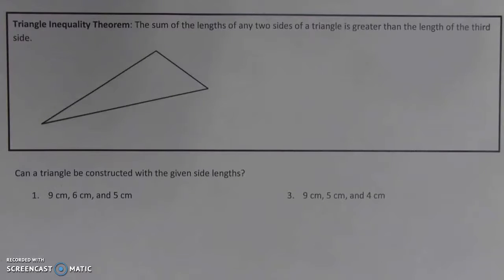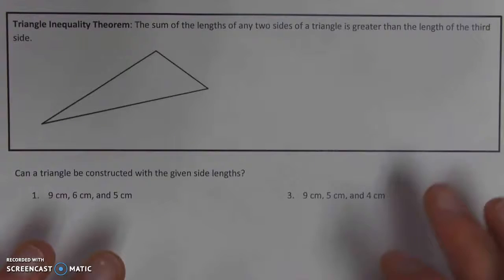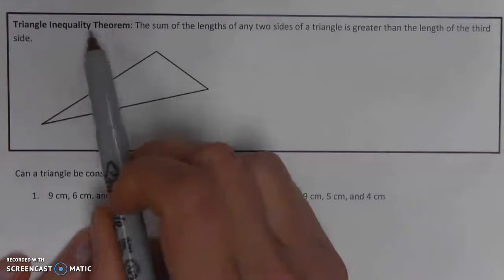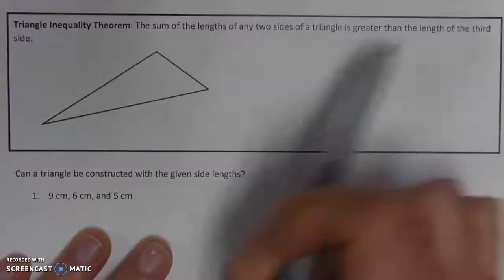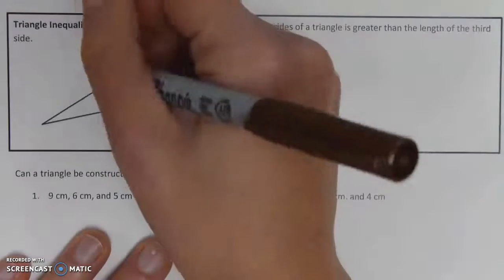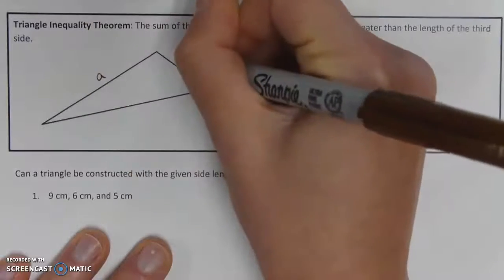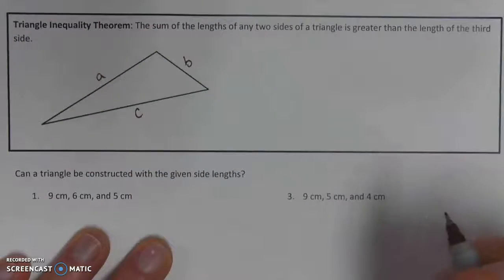What we're going to start with is setting up some formulas that we can use later on. So because the triangle inequality theorem tells us that the sum of the lengths of any two sides needs to be greater than the length of the third side, that means we can actually set up three inequalities.